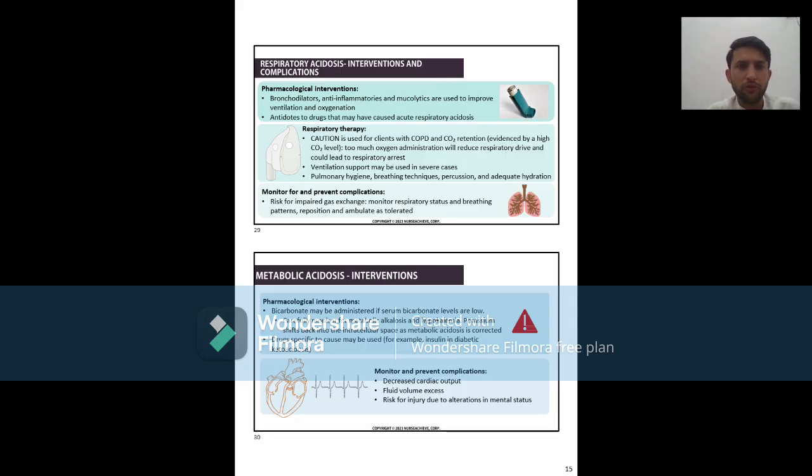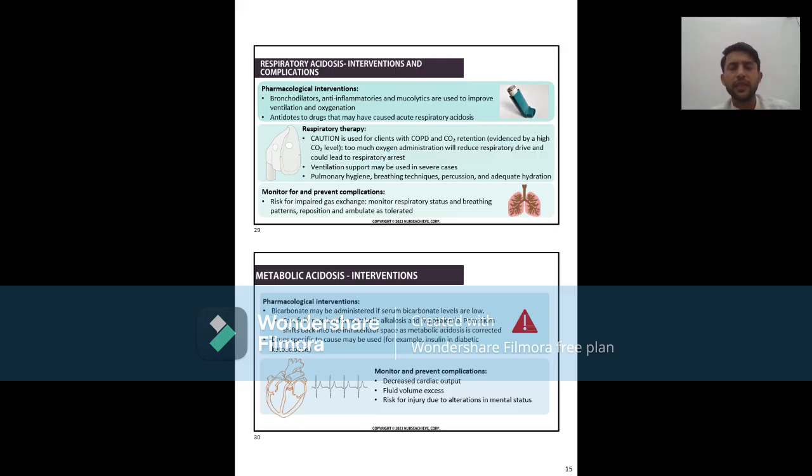These are some of the pharmacological management. Pharmacological intervention: we give the patient a bronchodilator, anti-inflammatory drug, and mucolytic drug to improve ventilation and oxygenation, and antidotes to drugs that may cause acute respiratory acidosis. In respiratory therapy, we have to take care in certain conditions such as COPD. In this condition, the patient retains high CO2, evidenced by a high CO2 level.